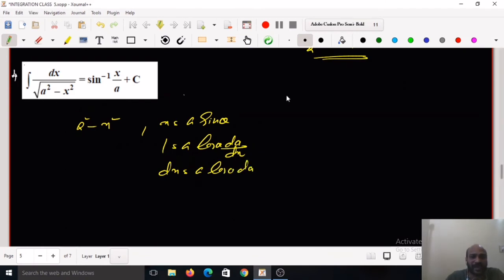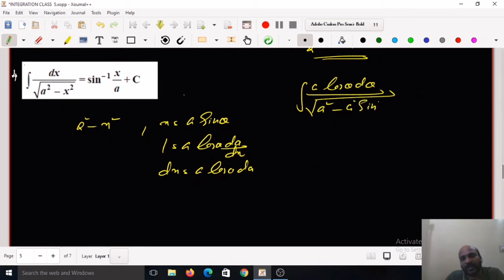Now we can just rearrange this question. So dx is a into cos theta d theta, and the denominator root of a square minus x square is a square sin square theta.